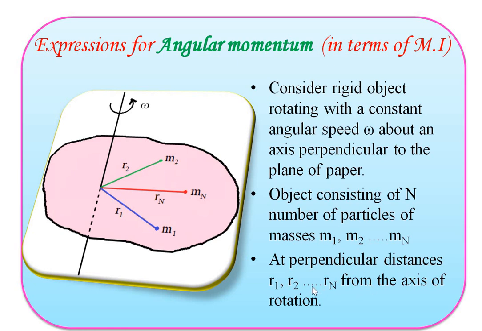At perpendicular distances, for the first particle the perpendicular distance from the axis of rotation is r1, for the second particle it is r2, so at perpendicular distances r1, r2 up to rn from the axis of rotation.